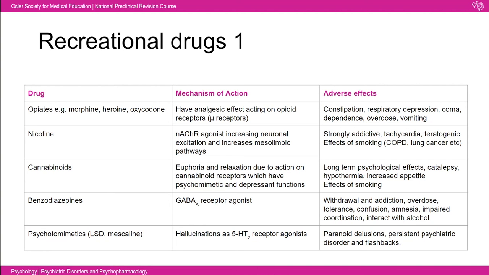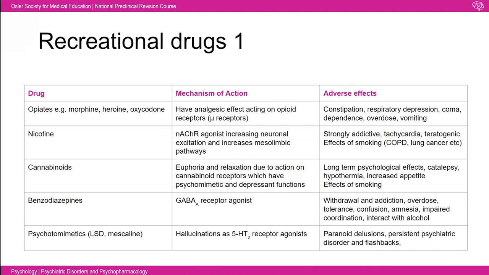So then you've got psychotomimetics, which is things like LSD and mescaline. So it's anything that really causes a hallucination, and that's caused by an agonist effect on the serotonin 2 receptors. Interestingly, psychotomimetics are the only drug on your list of recreational drugs that animals will not choose to take.